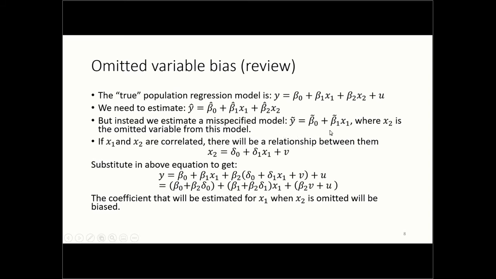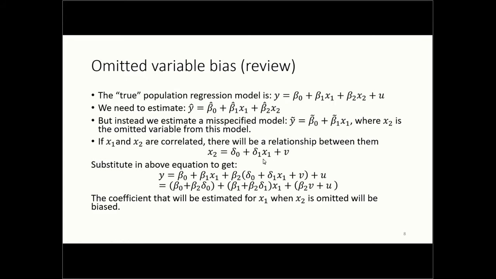As you see, there's no x2 in this model. Even though x2 is not in the model, we will see it showing up, because if x1 and x2 are correlated, there will be a relationship between them. So let's say x2 is related to x1 using this equation.